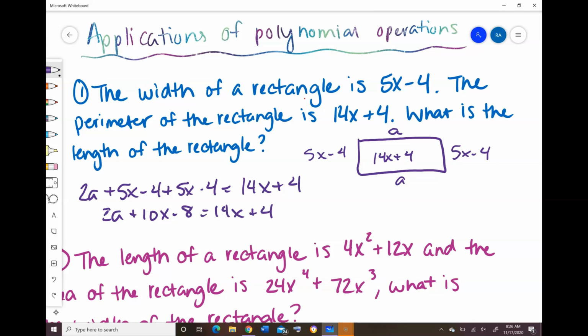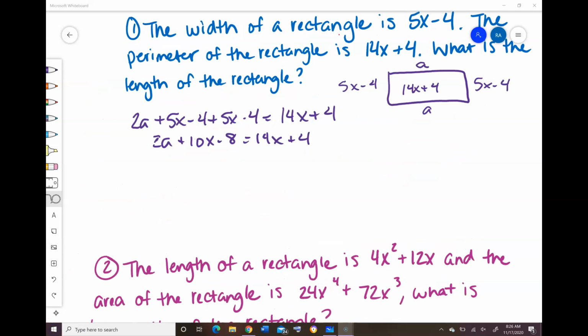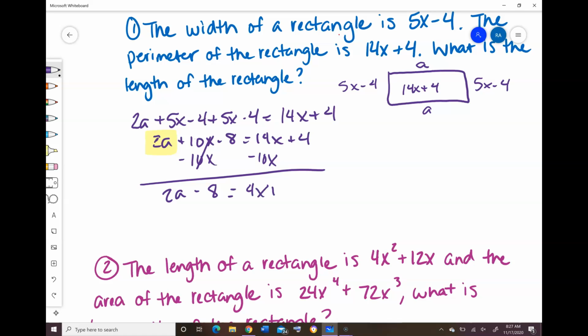Now, I'm getting a by itself. Don't ever lose sight of who you're trying to get by itself. So I'm going to subtract the 10x on both sides. I've got 2a minus 8 now equals 4x plus 4.